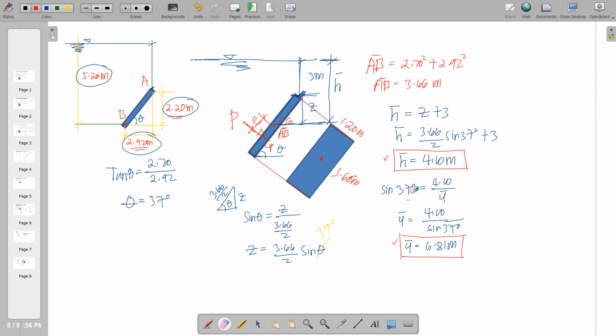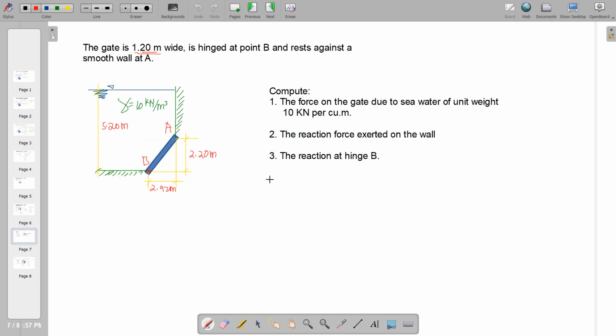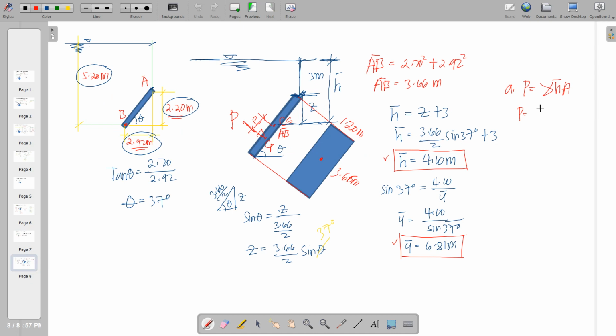Okay, so knowing h bar and y bar, we can proceed with the solution of P equals gamma h bar A. Gamma here is, according to the problem, 10 kilonewton per cubic meter. So this is 10 times the computed h bar of 4.1 times the area, 1.2 by 3.66.